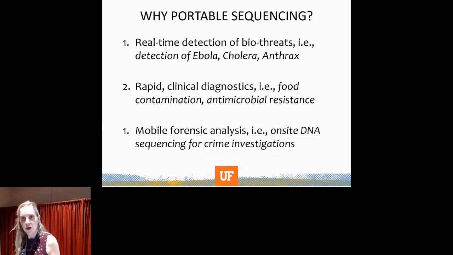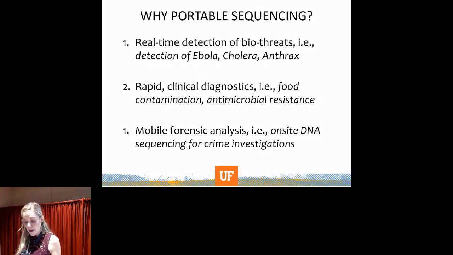So Oxford Nanopore and portable sequencing would be extremely suitable in environments where you don't have access to large computing resources and a large sequencing lab. One of the focuses that we looked at is remote areas in the United States.